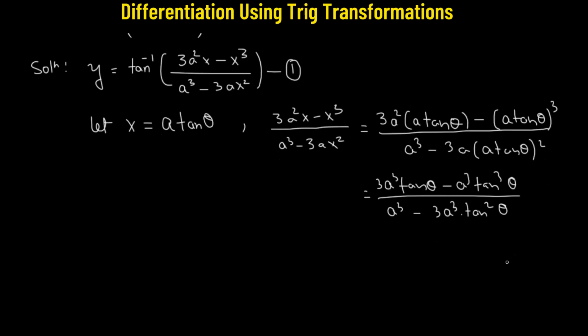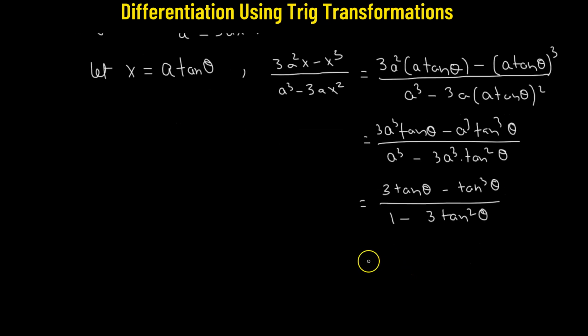So what we can do, we can immediately factor out a cubed from both the numerator and the denominator, which leaves us with (3 times tangent of theta minus tangent cubed theta) whole thing divided by (1 minus 3 tangent squared theta). Now luckily, this is actually tangent of 3 theta. The tangent of 3 theta when expanded gives us 3 tangent of theta minus tan cubed theta over 1 minus 3 tan squared theta.